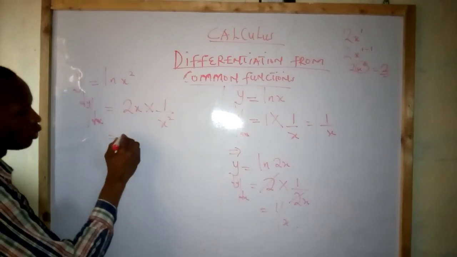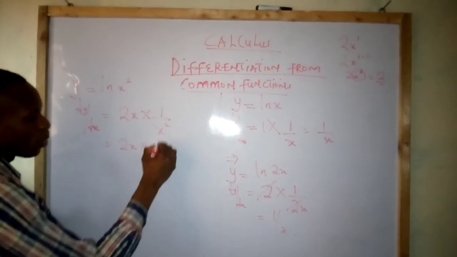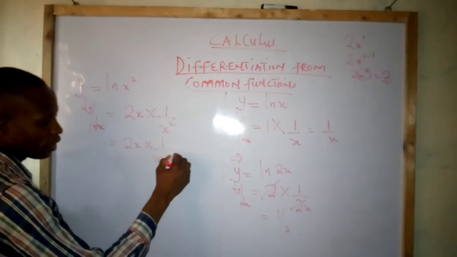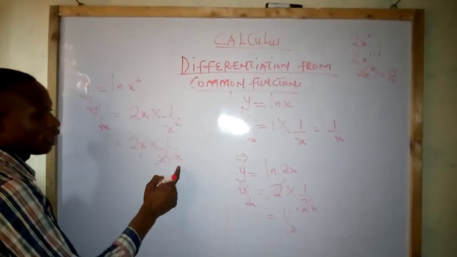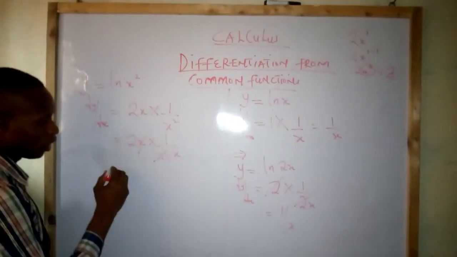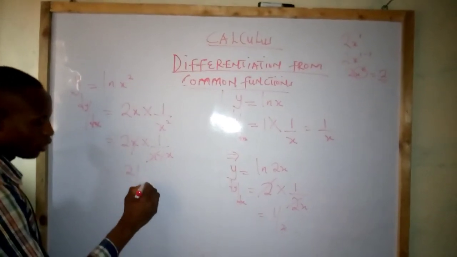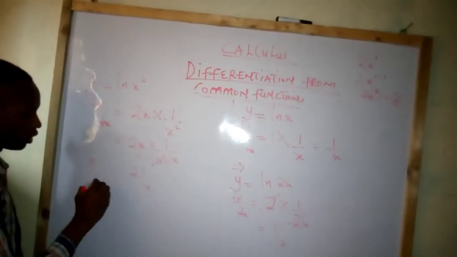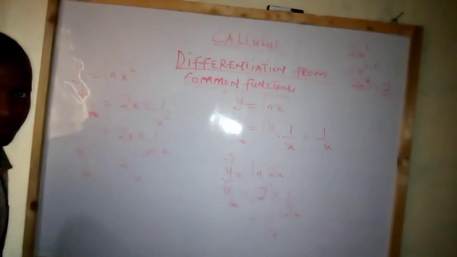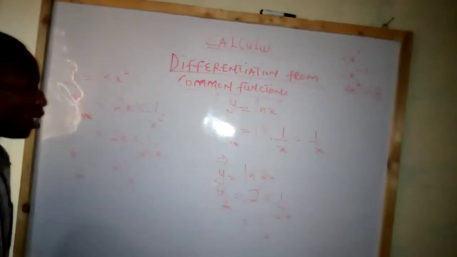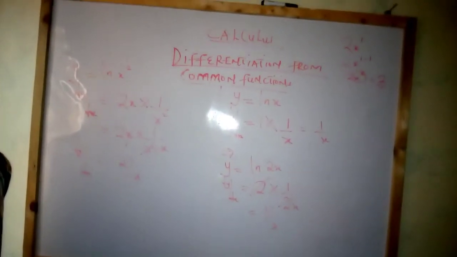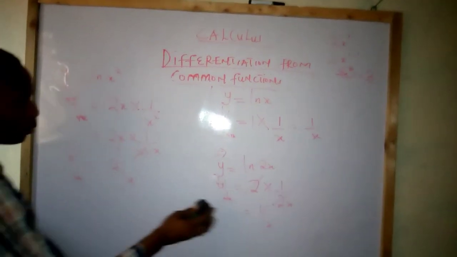So this will give you 2x times 1 over x times x. X times x means x squared. So x cancels x, and you are left with 2 over x. So the dy dx is simply what? 2 over x.